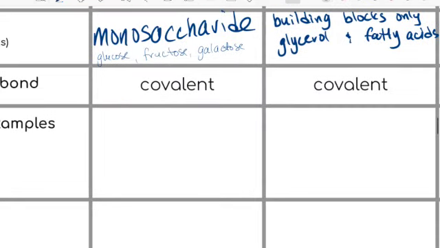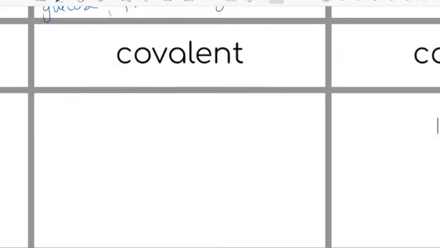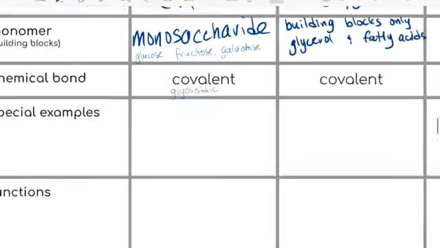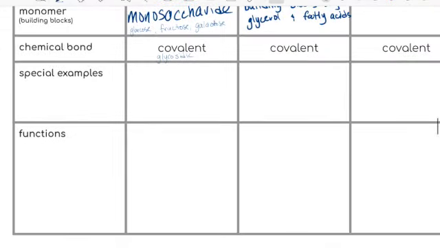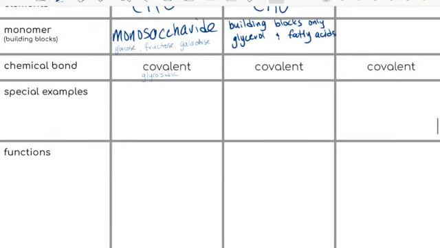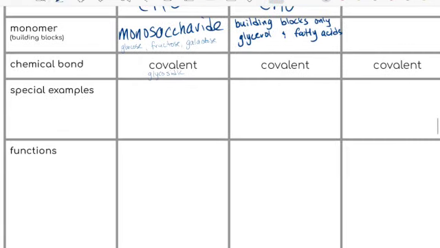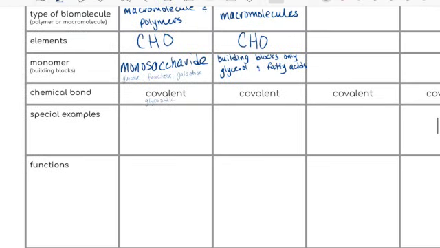Remember, in carbohydrates, there's a special bond called a glycosidic bond that holds the monosaccharides together. We don't need to talk about the type of covalent bond in lipids.